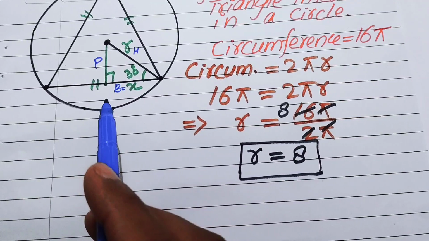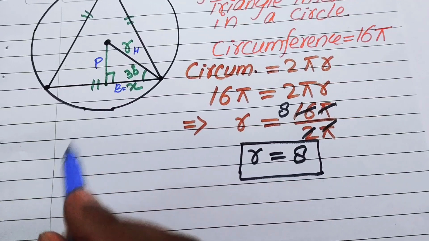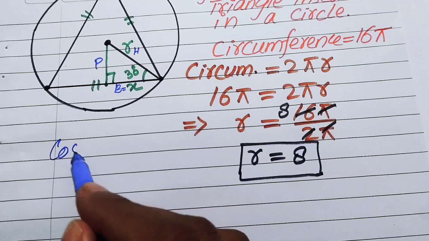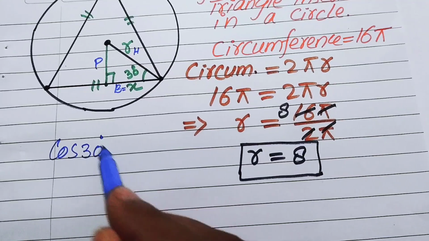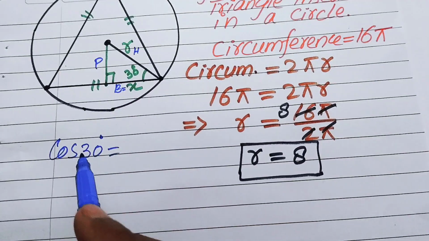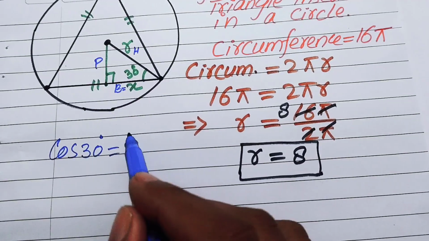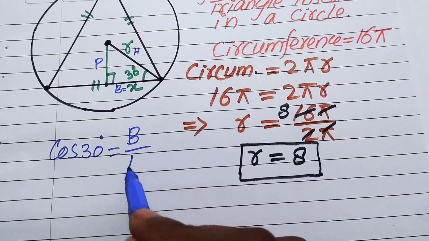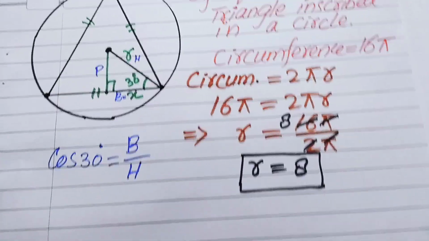In a right triangle we have the trigonometric ratio cos of 30. If you focus on this triangle, we know that cos of 30 equals base over hypotenuse.